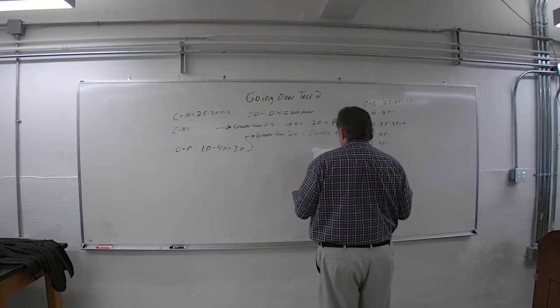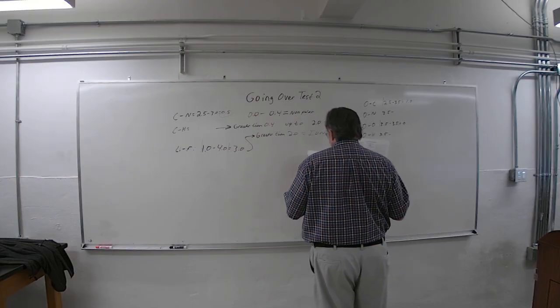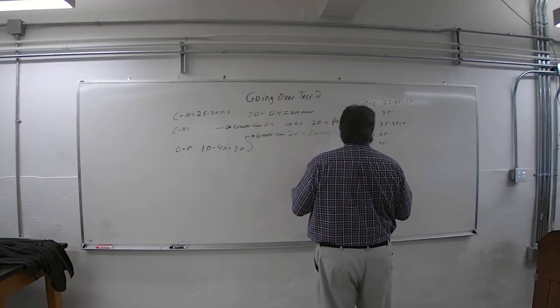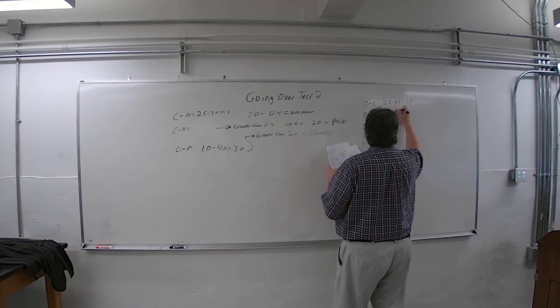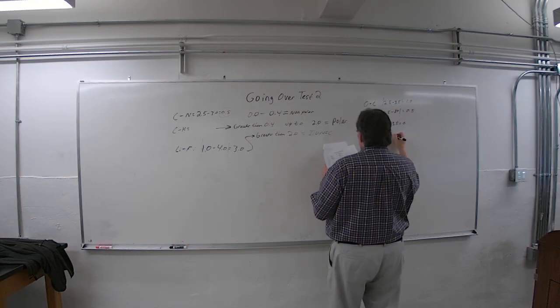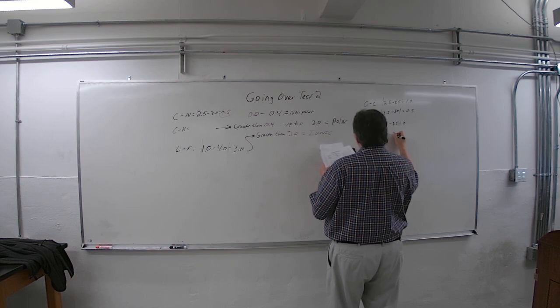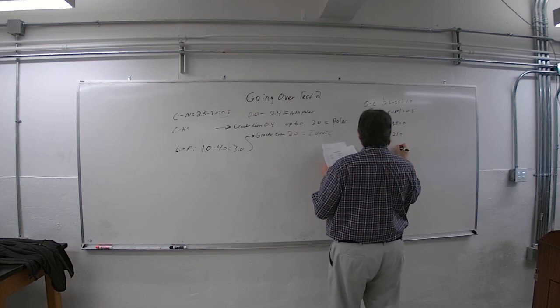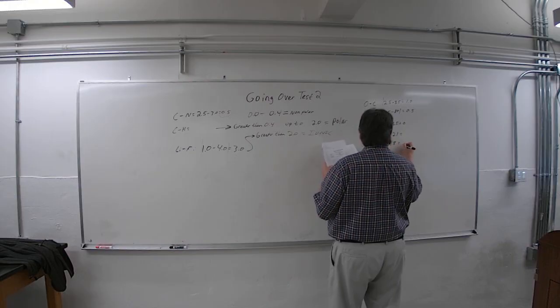So look for the most polar here. Nitrogen is 3.0, hydrogen is 2.1, silicon is 1.8.